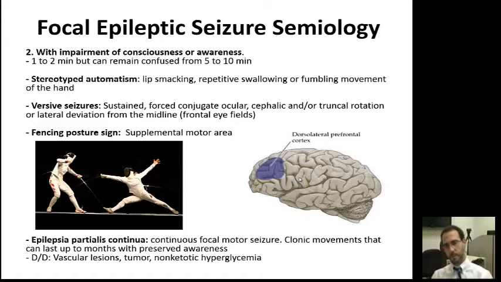A little bit toward the side, there was an orange, kind of yellowish color. That's the supplemental motor area, and they will give you this type of seizure where patients will extend their arm, and the opposite arm will be retracted and flexed above the shoulder.